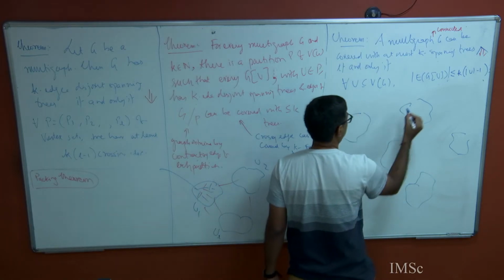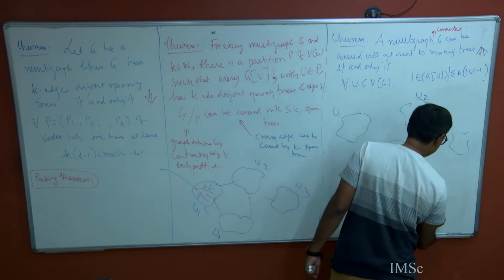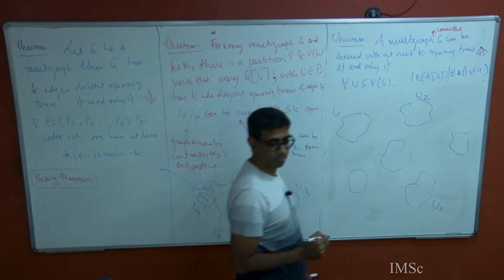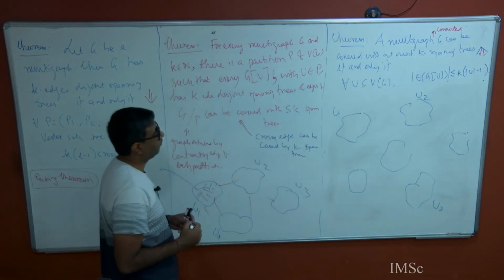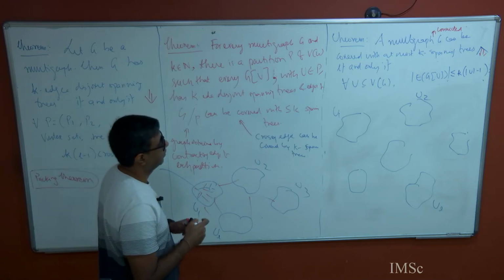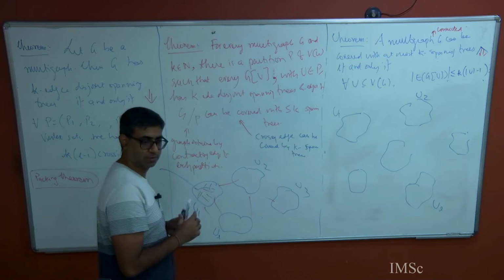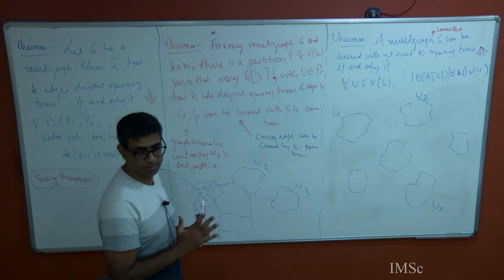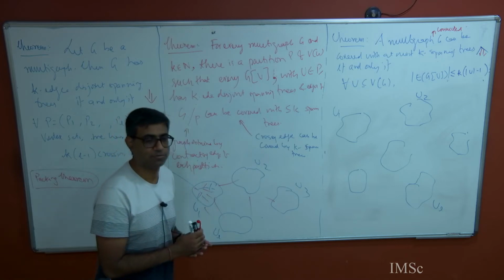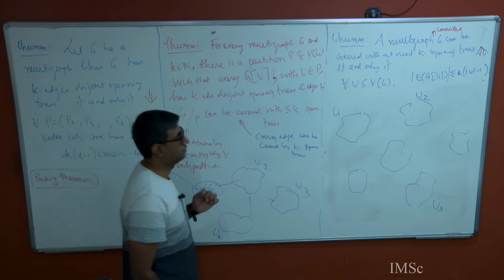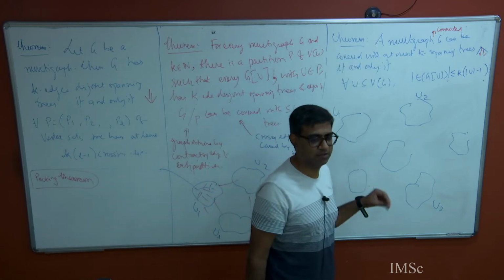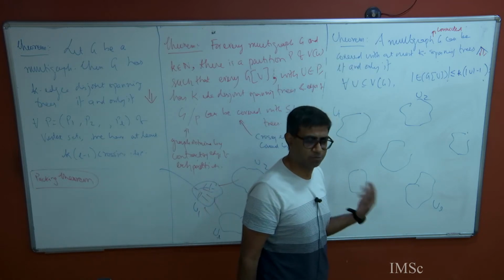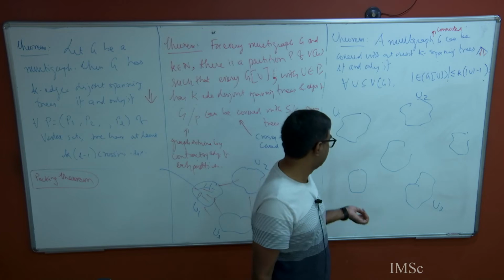Now let's go into each of them. What is our objective? Our objective is to cover all the edges with k edge disjoint, at most k spanning trees.